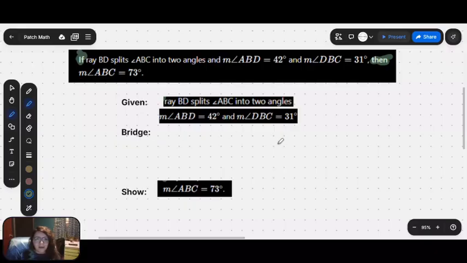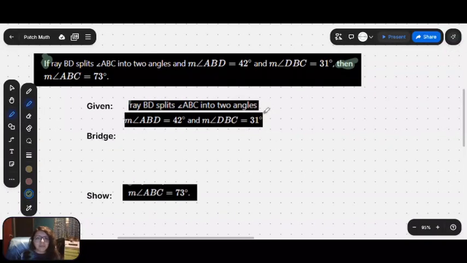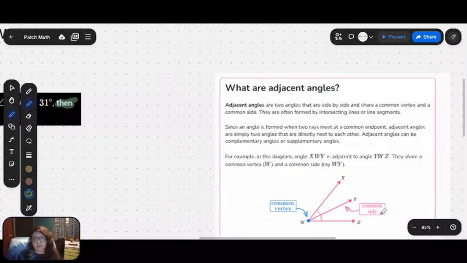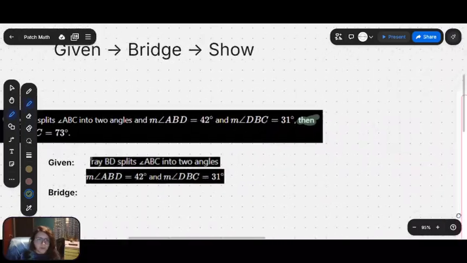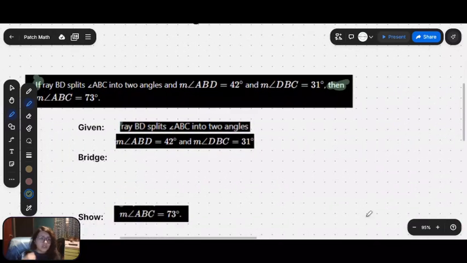All right, so we already talked about the fact that since we have a ray splitting up one angle, we have adjacent angles, two angles formed on the inside of that angle. But we've also been given the measure of those two angles here. And we need a little bit more information about two adjacent angles and the exterior angle of those adjacent angles.